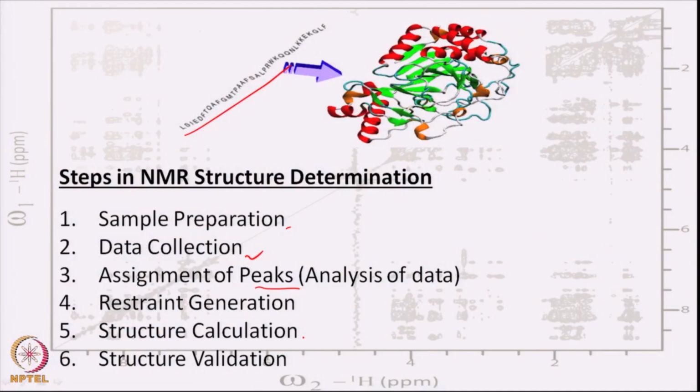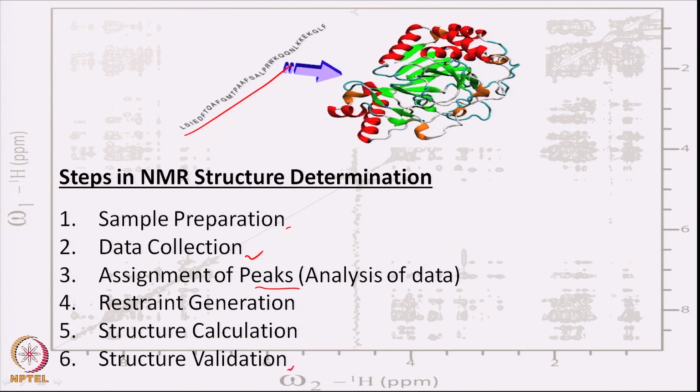So we need all those assignments and distance restraints, and then one can use them in structure calculation. Once your structure is calculated and you get a reasonably good structure, you need to validate it. That means it is not violating any phi and psi torsion angles in the Ramachandran plot.